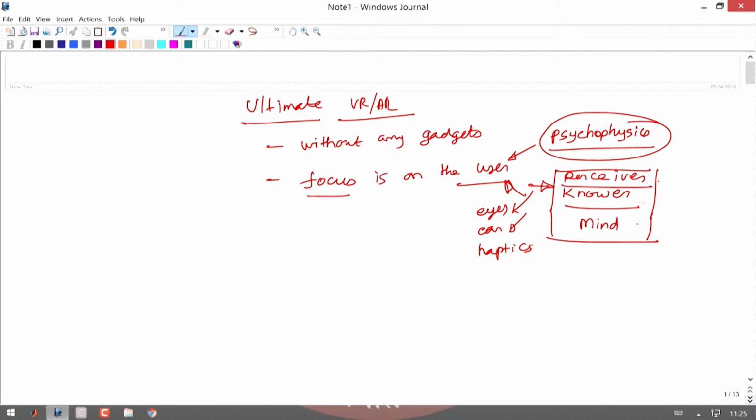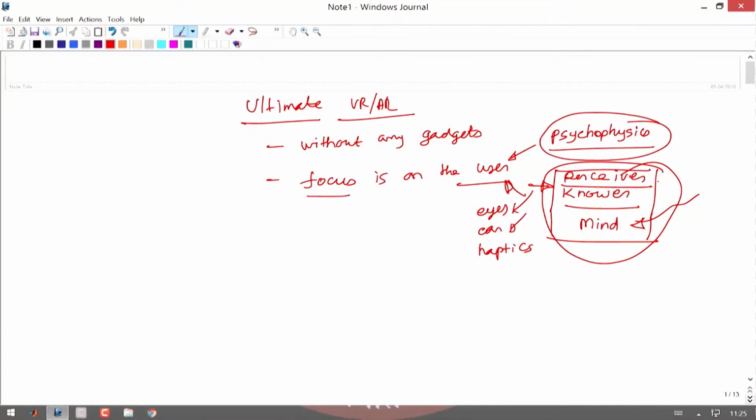But do we know the properties of the mind? Do we know the properties of the perceiver, the knower? Do we have a system specification for the mind? Once we have a complete understanding, then we can build a better virtual reality or haptic system.